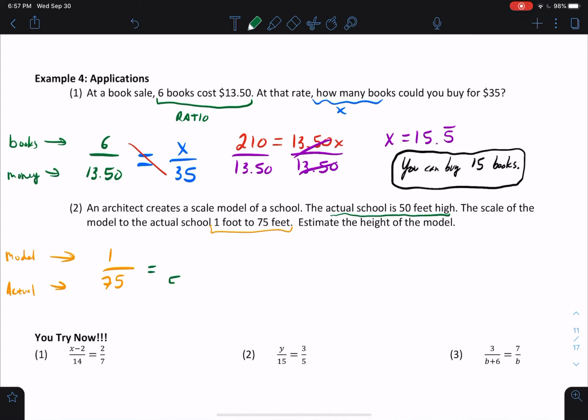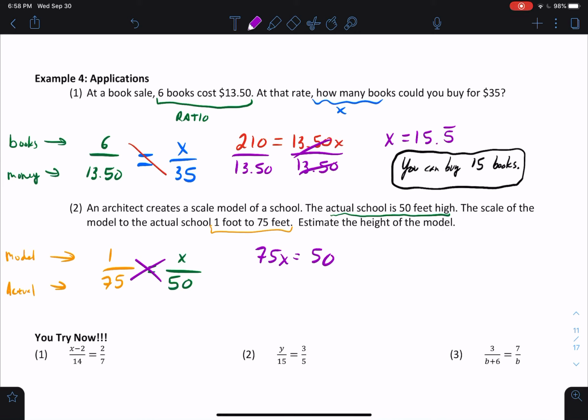So that's going to go on the bottom because that's the row that deals with the actual school. Estimate the height of the model. We don't know the height of the model. So that's going to be our x. Now we cross multiply.